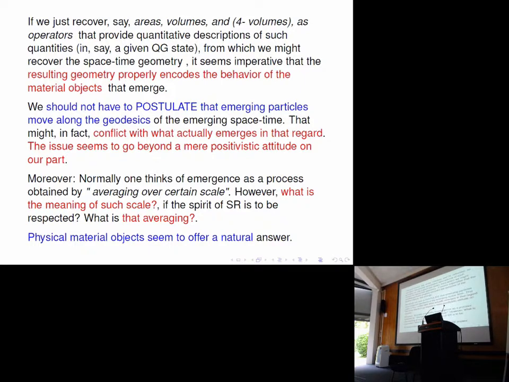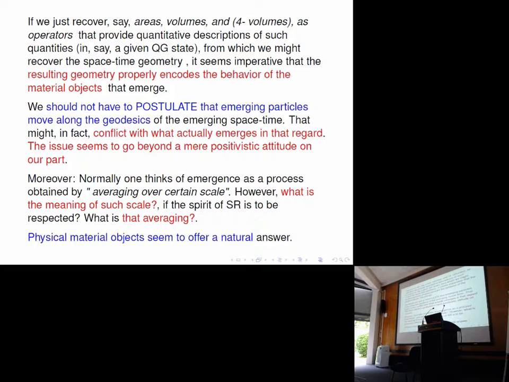Normally, one thinks that the recovery of classical space-time would be achieved starting from a quantum gravity theory from some type of averaging over a certain scale. But the question is, what is the meaning of, first of all, such a scale?